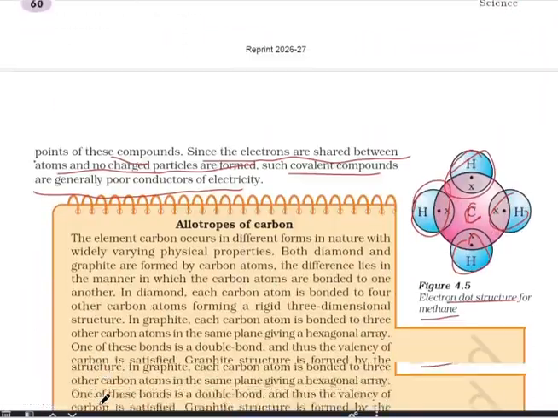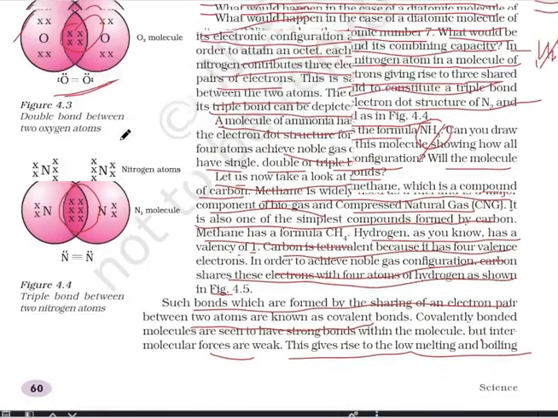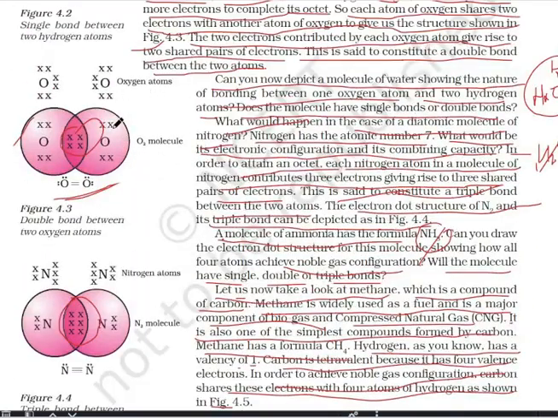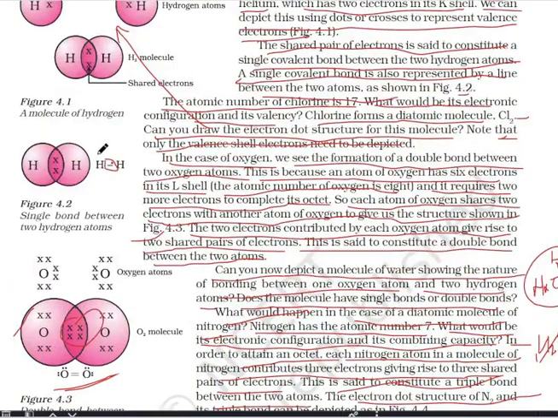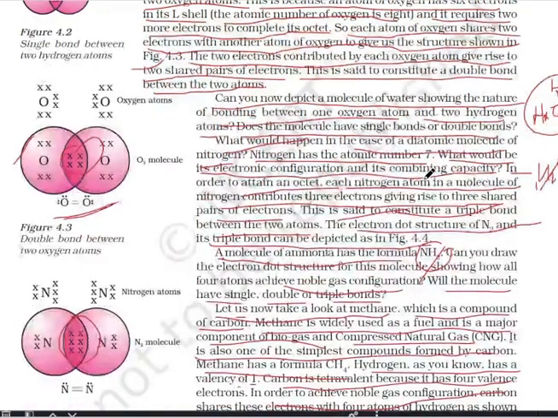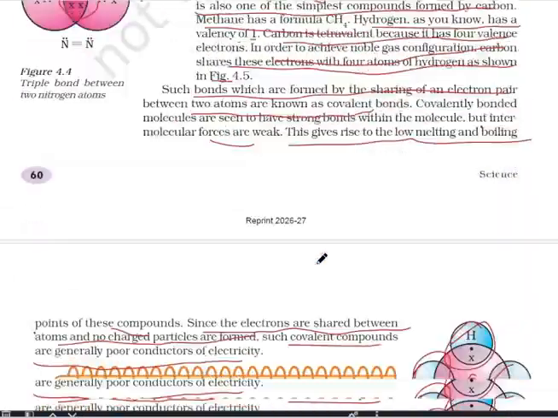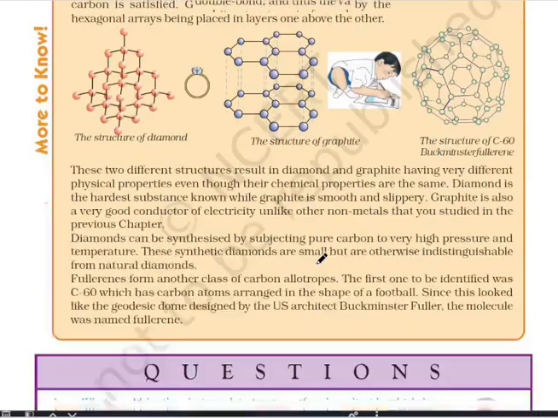And how methane forms, how the 2 nitrogen atoms combine, how the 2 oxygen atoms combine, how the 2 hydrogen atoms combine, and also water, 2 atoms of chlorine, and ammonia. So now we will see the other aspects of this chapter in our next classes.